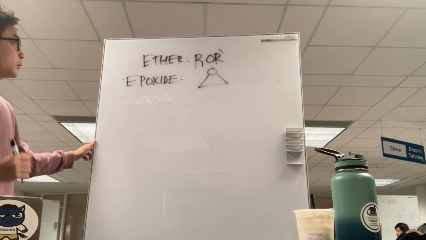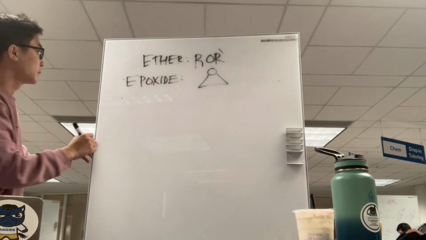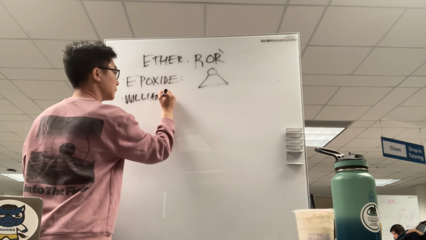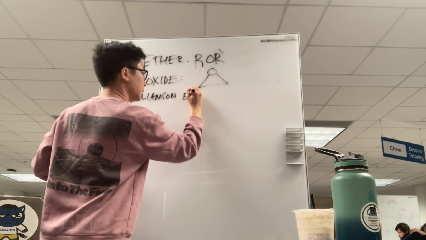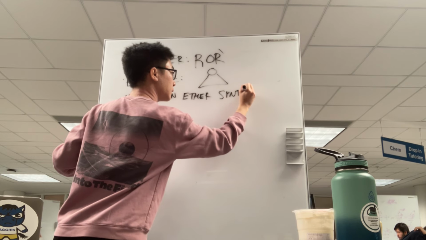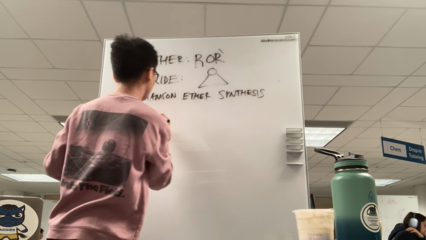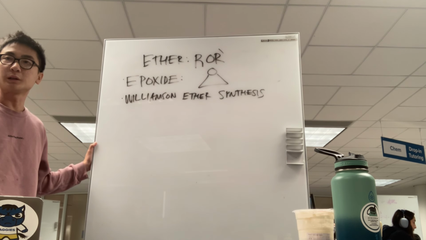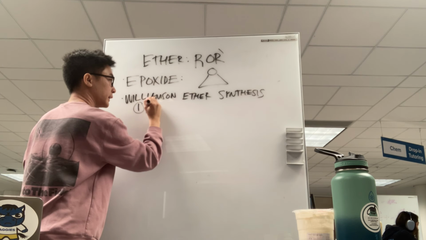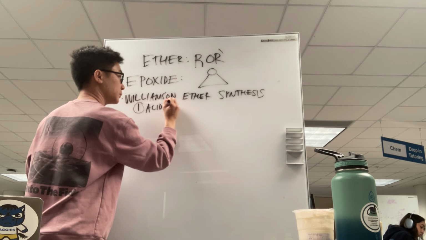Now, to form epoxides, we could do something called Williamson ether synthesis. Okay. And Williamson ether synthesis would be 2 reactions. The first reaction is going to be an acid-base reaction.